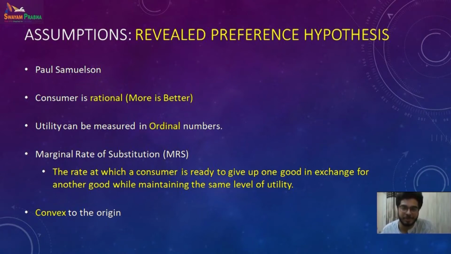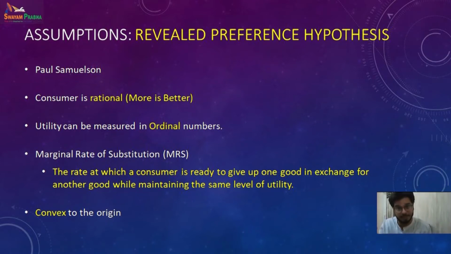That also differs from person to person. If I like rasgulla more and gulab jamun less, then to get one more rasgulla, I am happy to sacrifice a larger amount of gulab jamun. But if you like rasgulla less and gulab jamun more, then to have one extra unit of rasgulla, you will not sacrifice a larger amount of gulab jamun, because you like gulab jamun and you do not like rasgulla much.